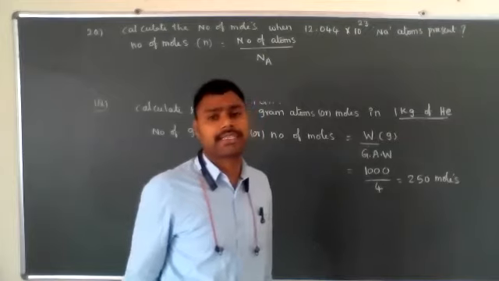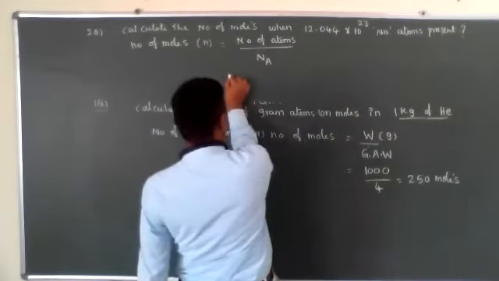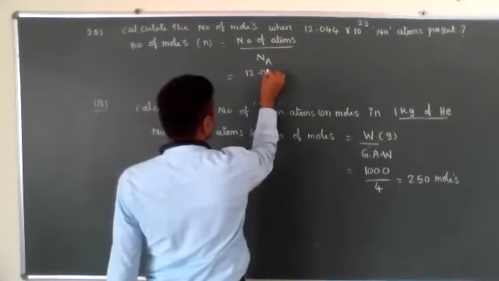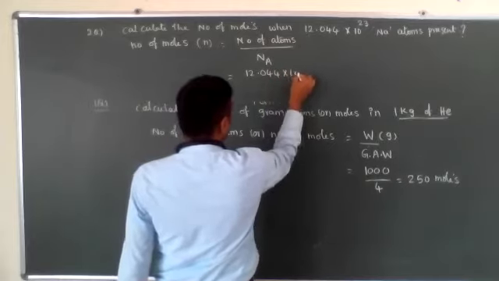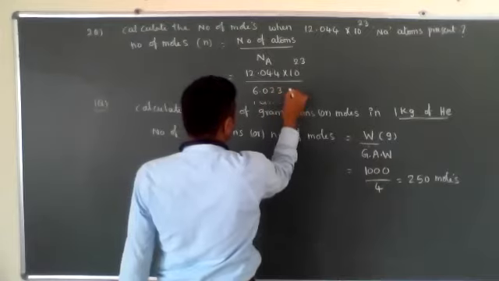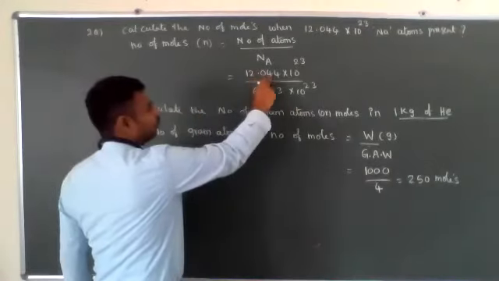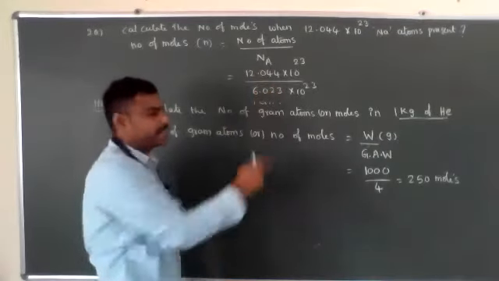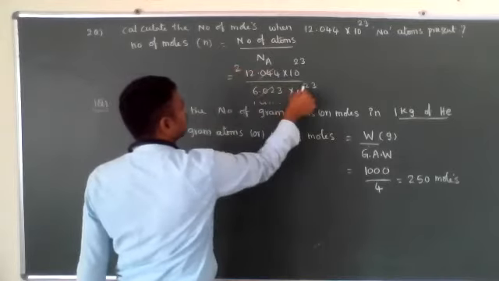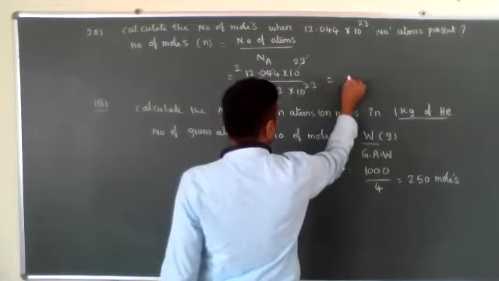The value of Avogadro number is 6.023 into 10 to the power of 23. Just substitute: 12.044 into 10 to the power of 23 by 6.023 into 10 to the power of 23. Neglecting the decimals, it is approximately 12 by 6, and the 10 to the power of 23 cancels on both sides. So it is equal to 2 moles.